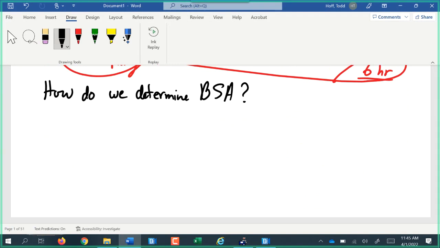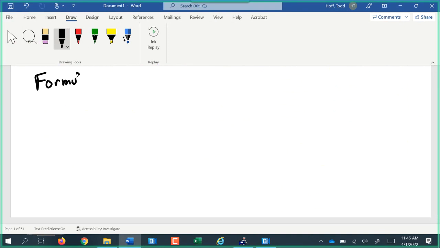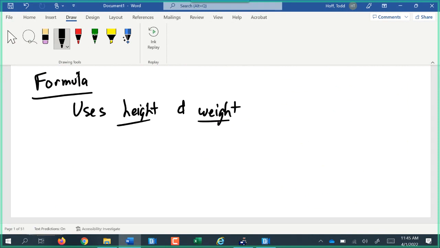There is an electronic app method, which is what a lot of EMTs are using now. It's an electronic app they have on their laptop or their phone. The two that we're going to look at, look at a formula. The formula uses height and weight to calculate an estimate of body surface area.